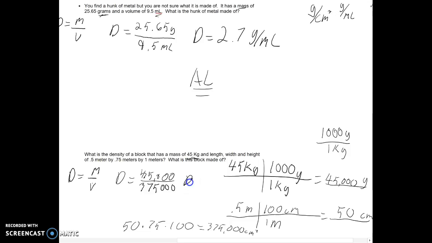So density equals 0.12 grams per centimeter cubed. And when I look that up in my reference, that's balsa wood. So that is using density to identify a material or a substance.